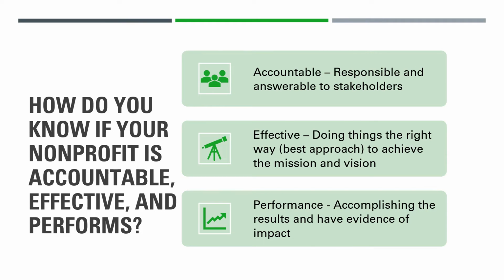Accountable means how responsible and answerable to stakeholders is your organization. So if I'm supposed to provide services to a community, let's say veterans, how responsible am I in providing that service, and how answerable am I to what the needs of the veteran community are?